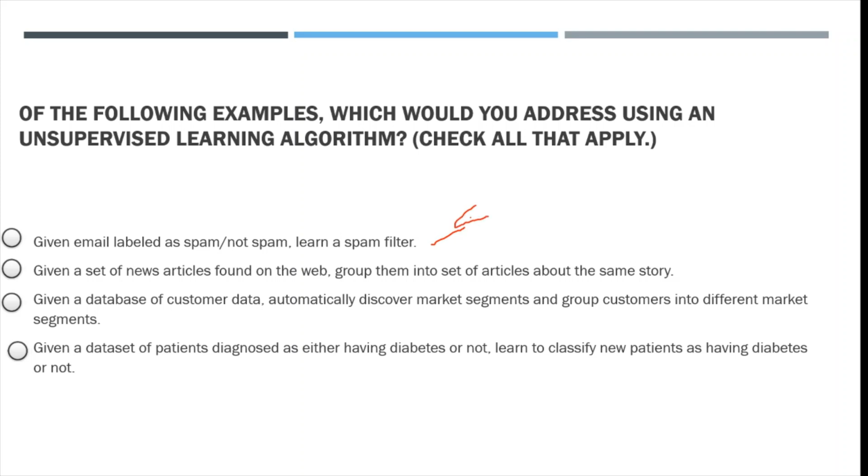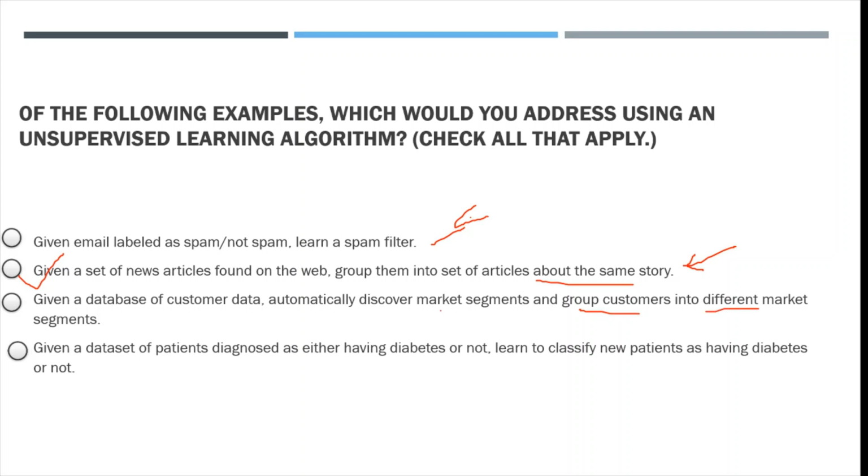The next one is: given a set of news articles found on the web, group them into sets of articles about the same story. This is a clustering problem, so this one is unsupervised learning. And given a database of customer data, automatically discover market segments and group the customers into different market segments.